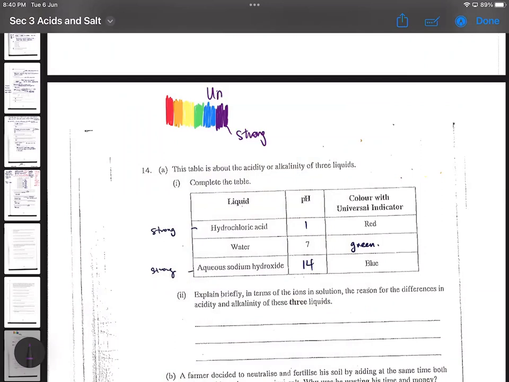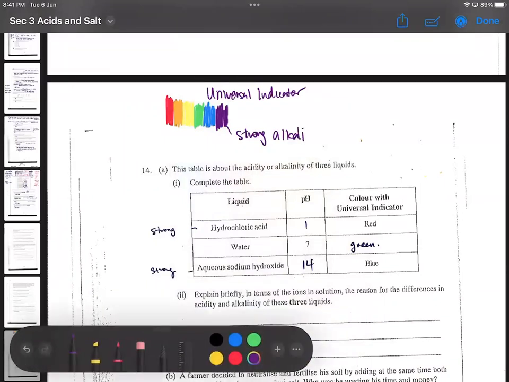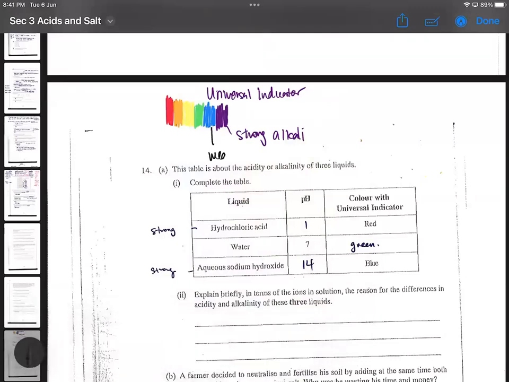Universal indicator. Strong alkaline. Weak alkaline. And then green is neutral.